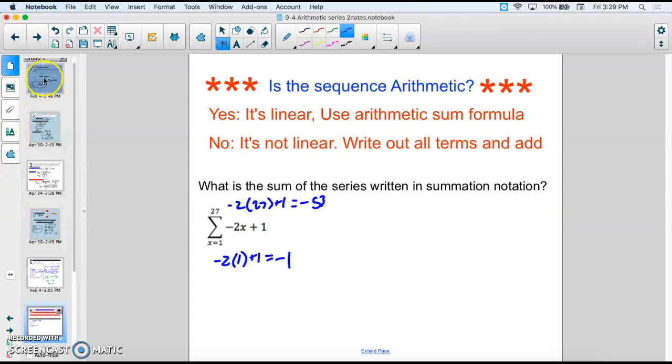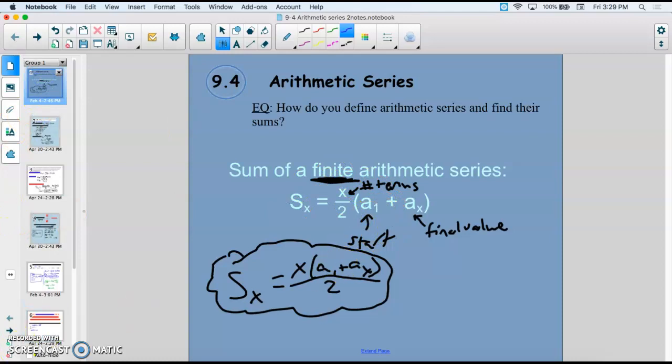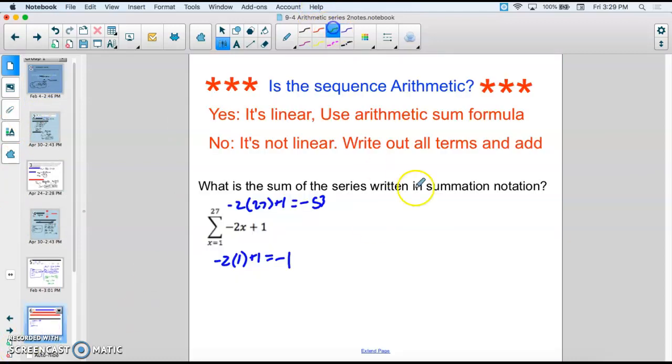Now I can put it into my formula. Remember our formula from back at the beginning? So my formula, the sum, how many numbers do I have in my series? 27. I know that my first term is negative 1. I know my last term is negative 53, and divided by 2.